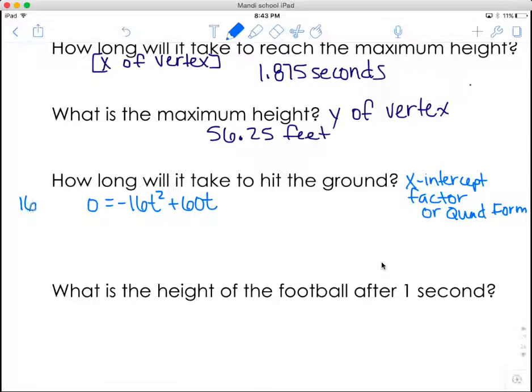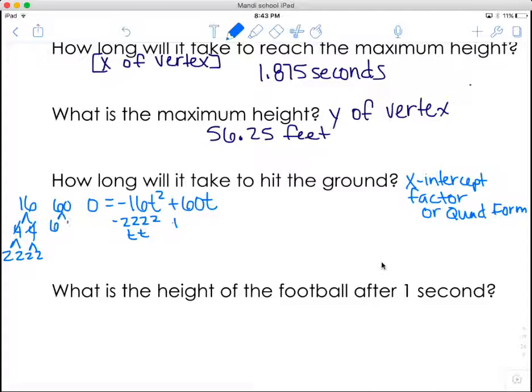What can we take out of 16? Let's see, there's 4 and 4, which is 2 and 2. So that's negative 2, 2, 2, 2, and t. So let's look at 60.